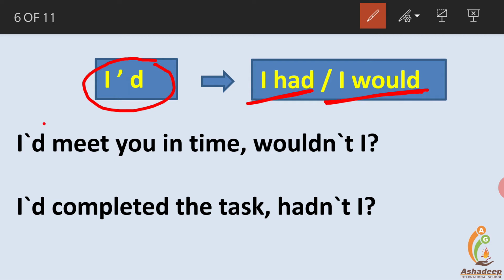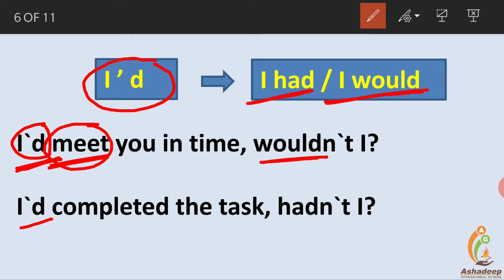Friends, when after the short form 'd comes the basic form of the verb, like meet, met, meet is the V1 basic form of the verb, in this case would is the modal used, because the basic form is used after a modal only, and here 'd is taken as would.